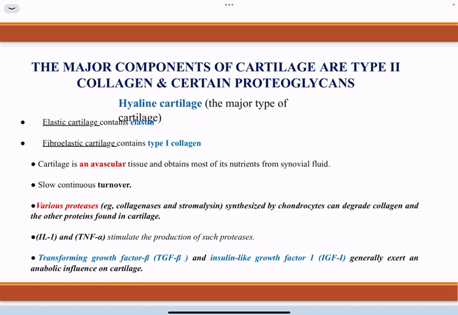Factors or other factors like what's called TGF, اللي هو معروف باسم transforming growth factor beta, and insulin growth factor type 1 exerts an anabolic influence on the cartilage. So هذا الشغل تبع هذول الفاكتورز against the first factors اللي هم cytokines.